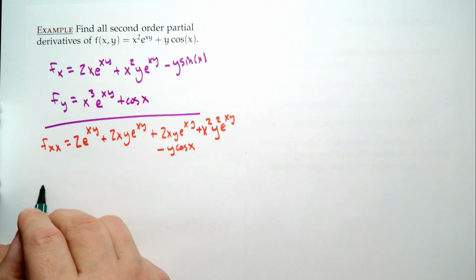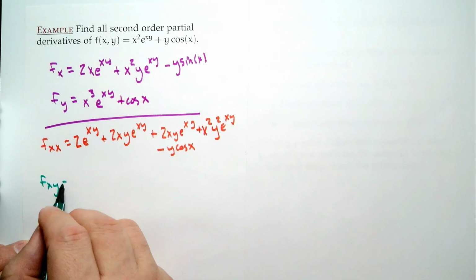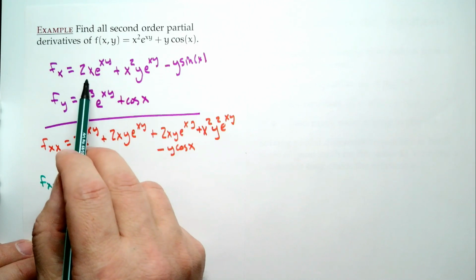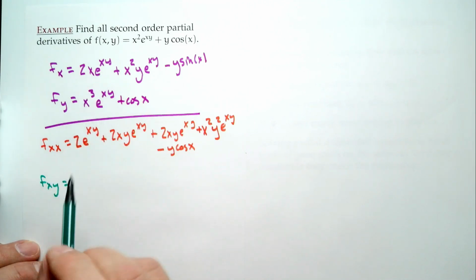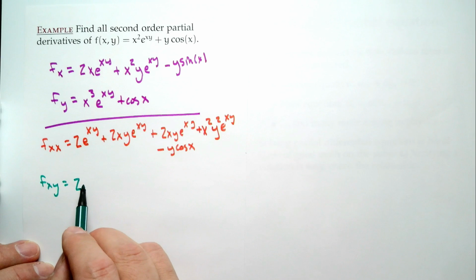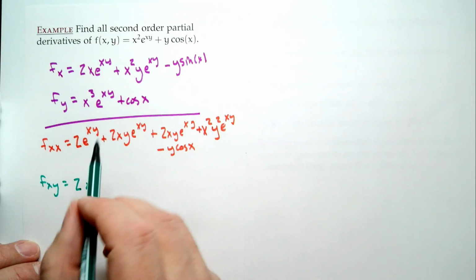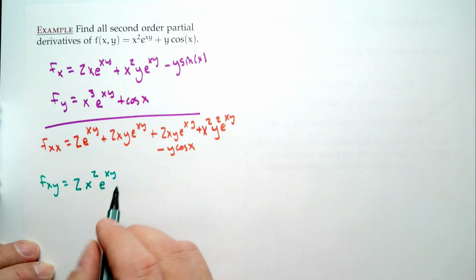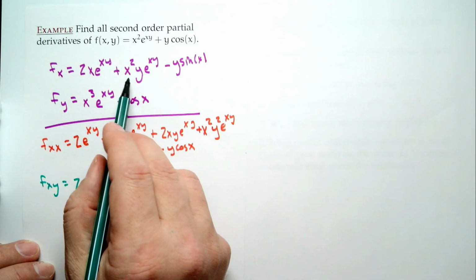Now, f x y, take the derivative with respect to y. The first term, well, there's only one y, so that's good. So it's going to be 2x. Derivative of e to the xy will bring another x down, so 2x squared e to the xy. The next term, I'll get x squared times y.